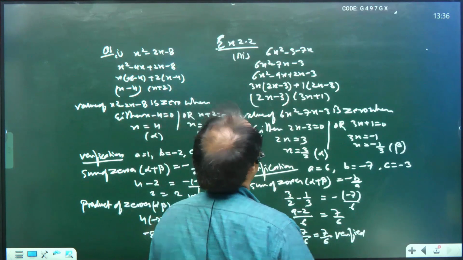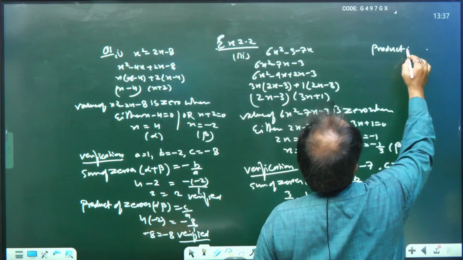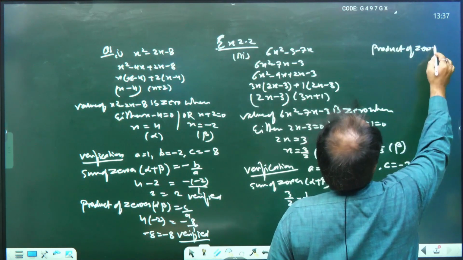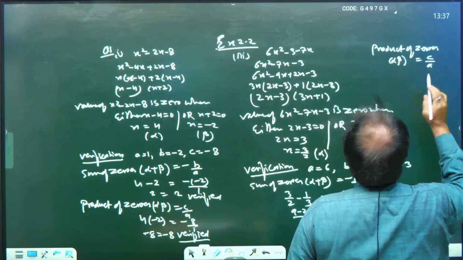Okay, and now verify product of the zeros. Product of zeros, that is alpha beta, is equal to c by a.